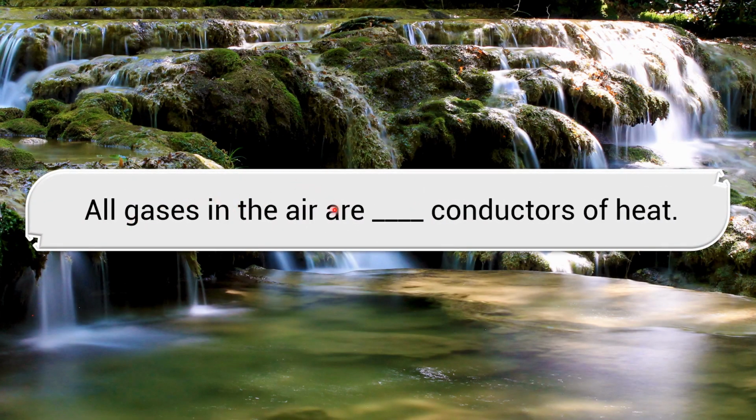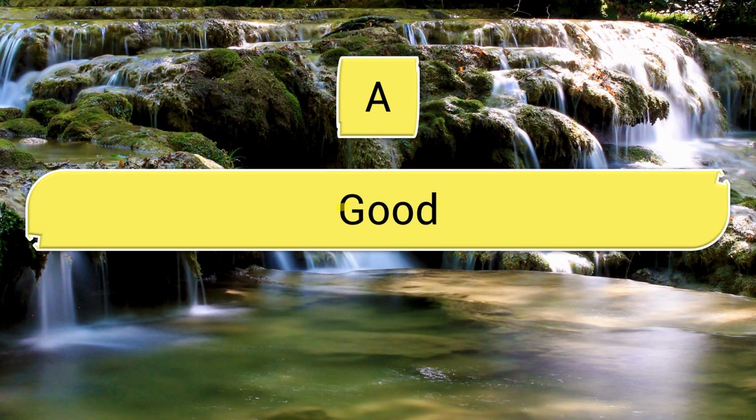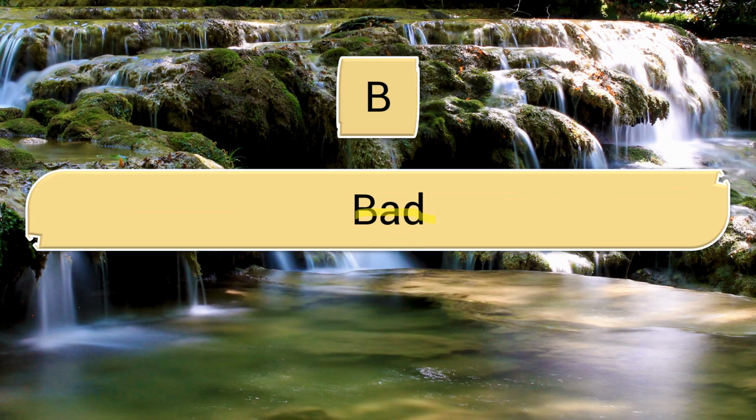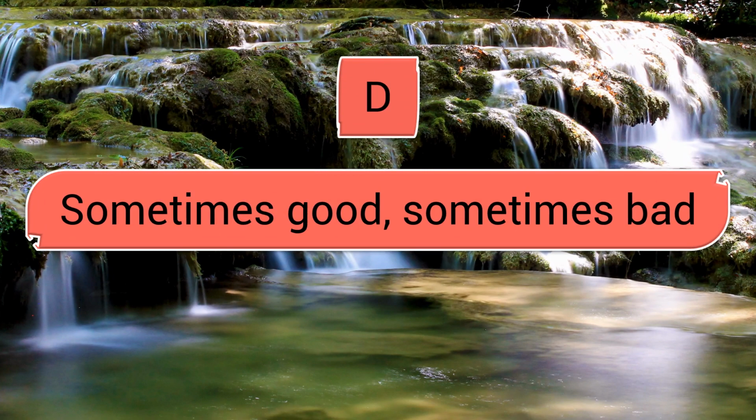All gases in air are dash conductors of heat. Good, bad, both A and B, sometimes good, sometimes bad.